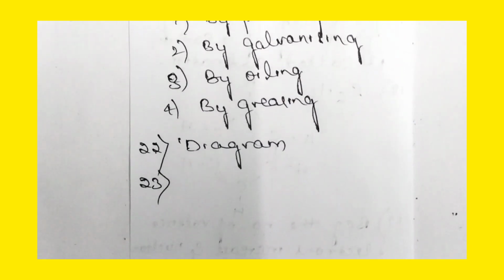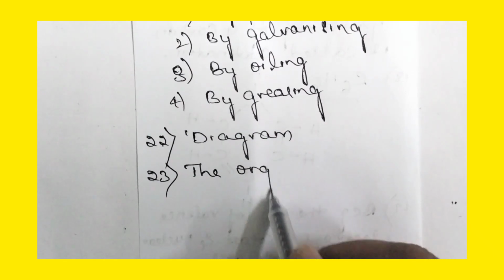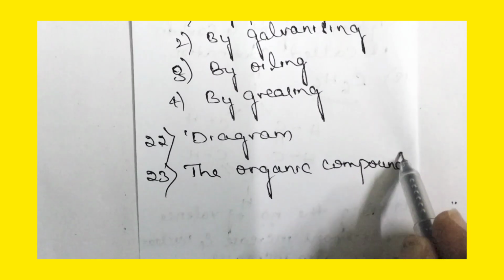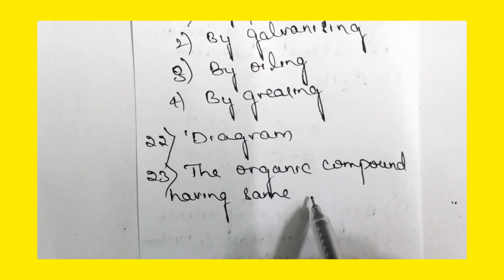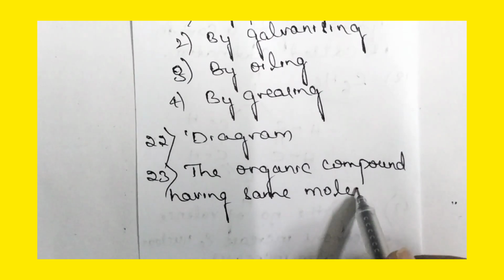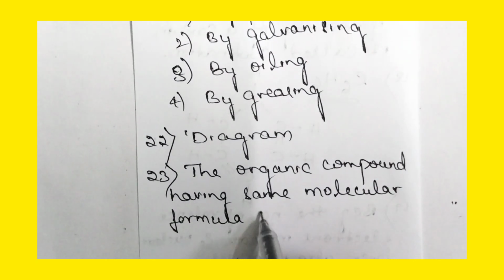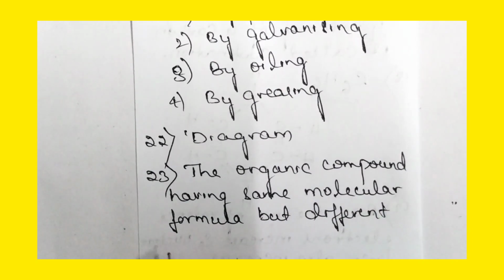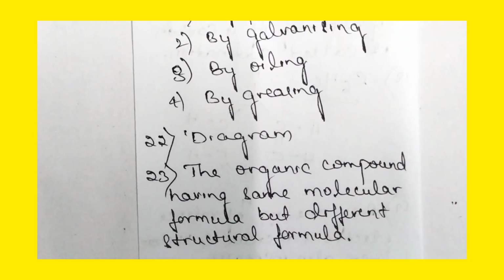So 23rd is, what is meant by structural isomers? The organic compounds having the same molecular formula but different structural formula are called isomers.